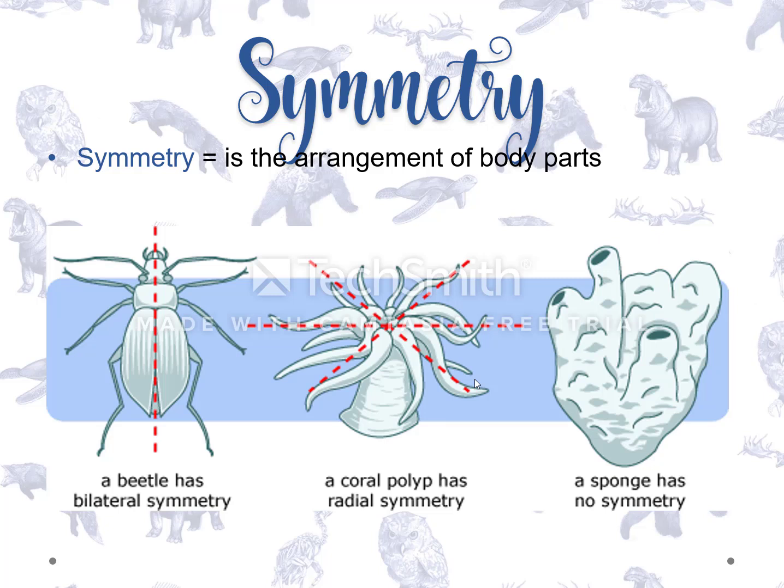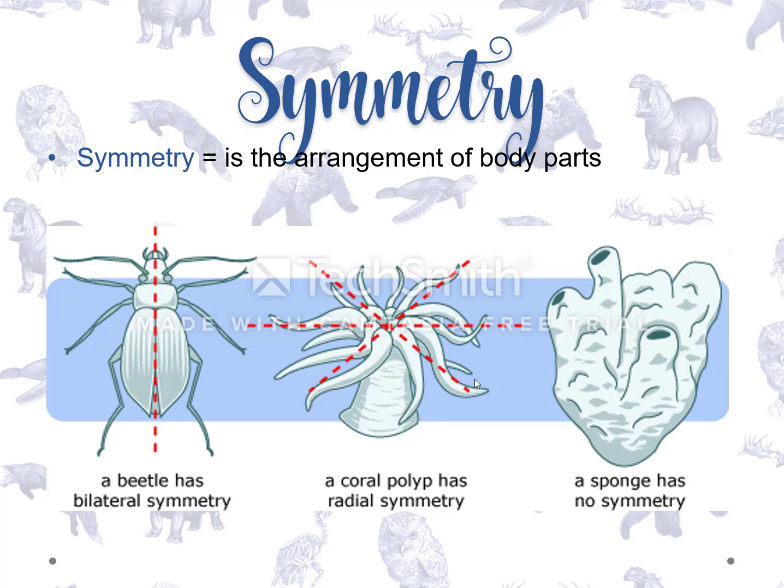If we drew an imaginary line down our midline from head to toe, we would find that the left side and the right side are mirror images of one another. That makes it bilaterally symmetrical.